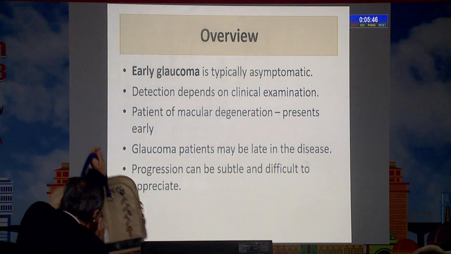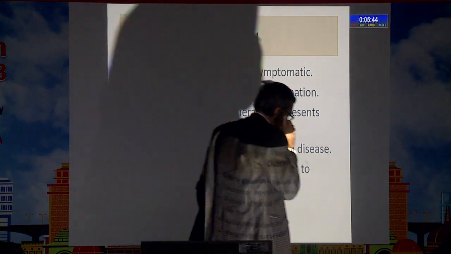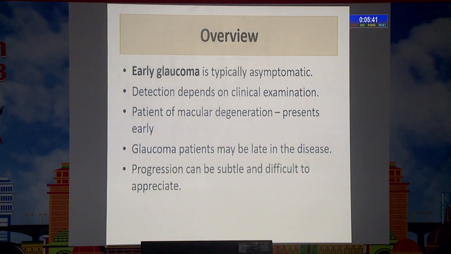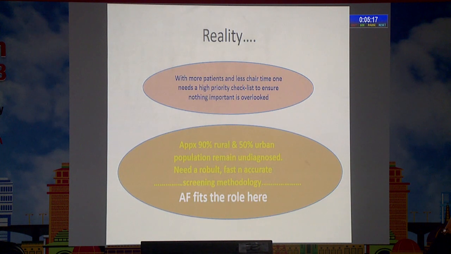Why this is important is because early glaucoma is typically asymptomatic, and detection depends on clinical examination. For example, patients of macular degeneration can present early, whereas early glaucoma patients do not. They present only when the disease has progressed to a fairly larger extent, and progression can be subtle and difficult to appreciate in the initial stages.